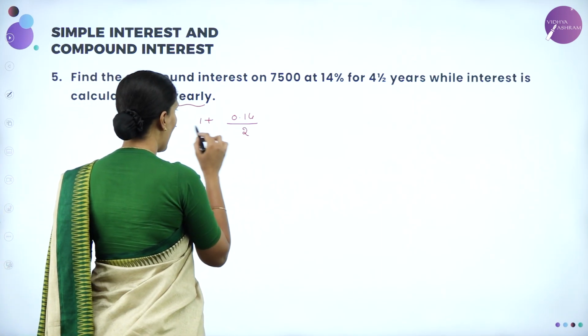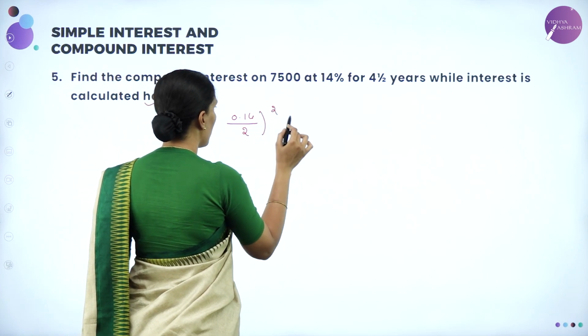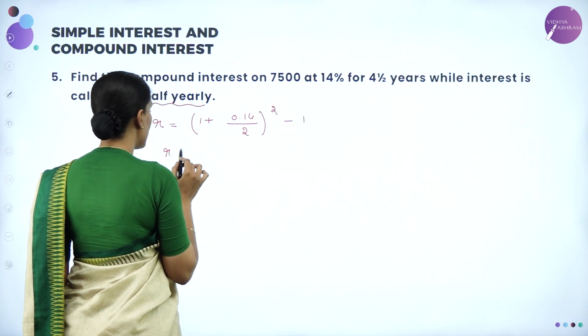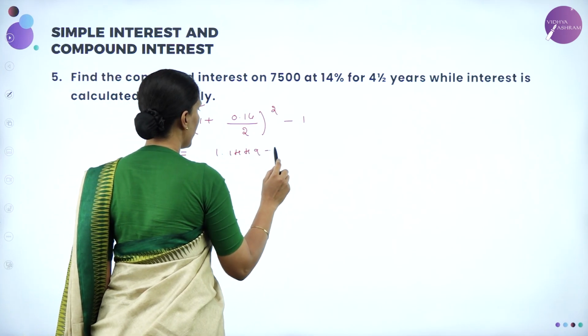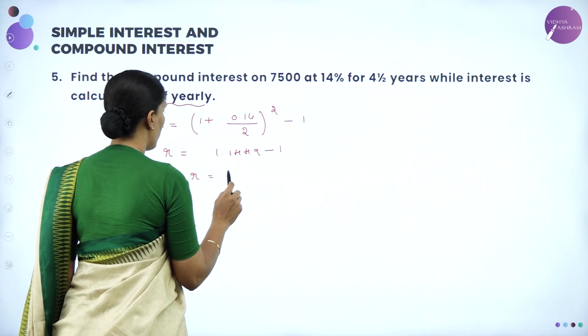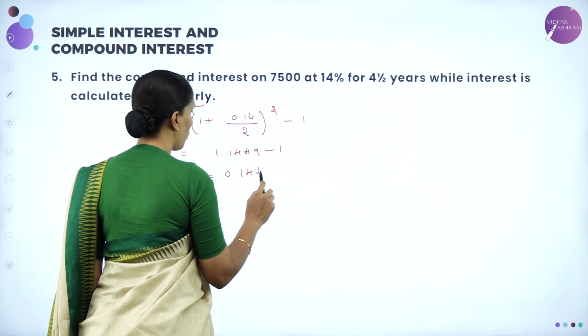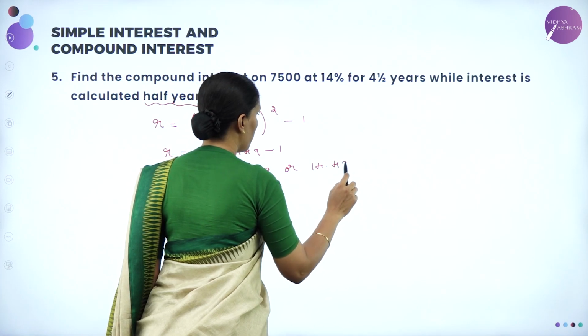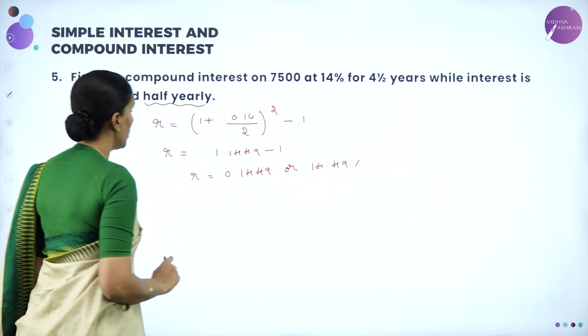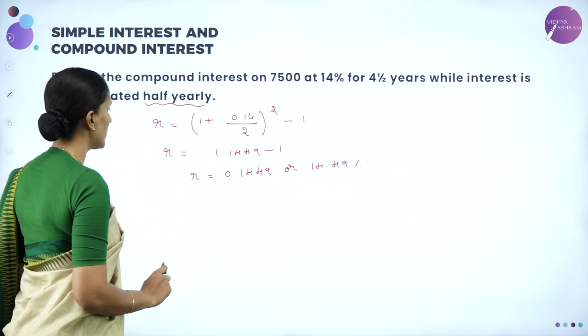So therefore, Q value is 2. Minus 1. Now R is equal to 1.1449 minus 1. So therefore R is equal to 0.1449, or we can write it as 14.49%.